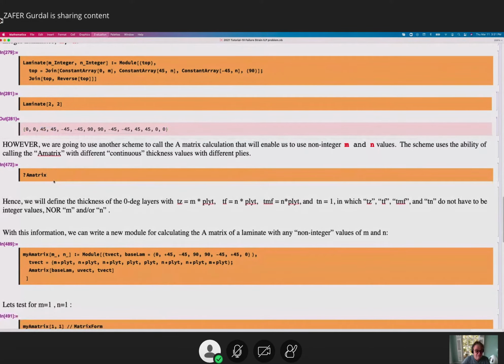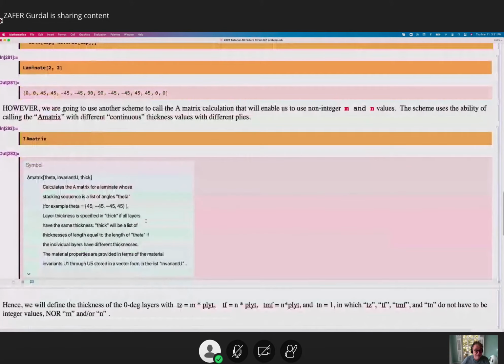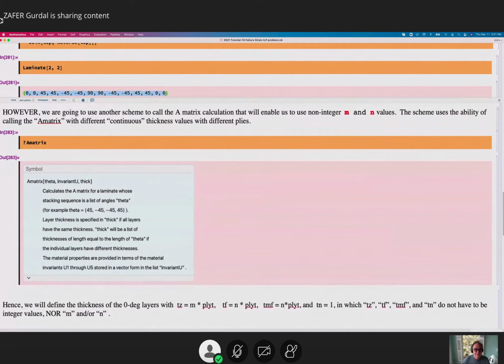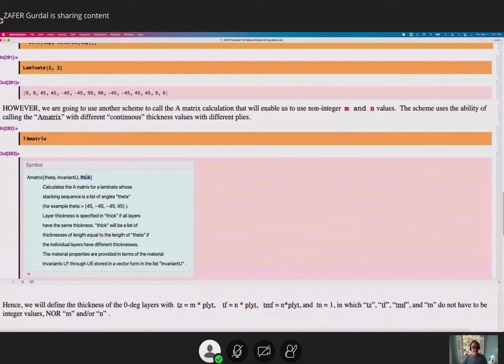through this question that says this is the theta, and if my thickness is thickness of a single ply, then it will require this formula. But if I get rid of this formula and build the information about this layup into my thickness information, in terms of appropriate thicknesses, then I'm good.